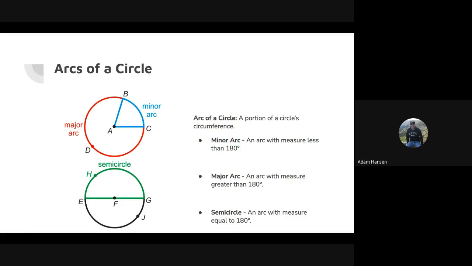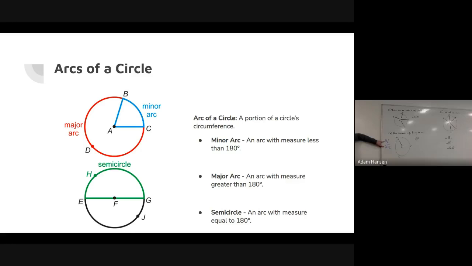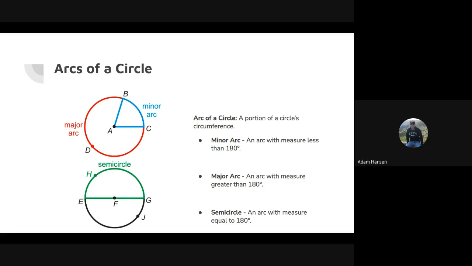Do these two arcs have the same two endpoints? They do. So how do I know the difference? What does the D tell me about the arc that I'm trying to name? I'm not going directly from B to C, I'm going the long way around, right?